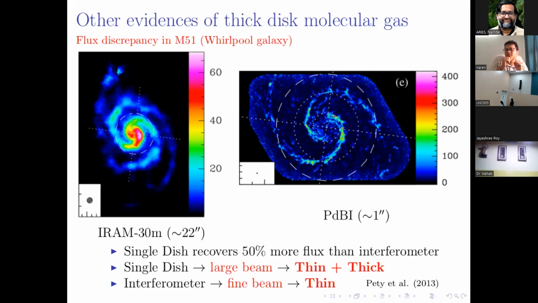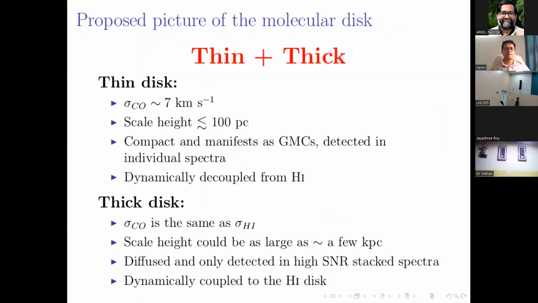But when you stack many spectra, the SNR goes up, and the signal from this low density gas piles up, and the width of this component also gets into the picture. The width of this component is much higher than that of the thin disk component. So this is the picture proposed: the molecular disk has two components, thin and thick.